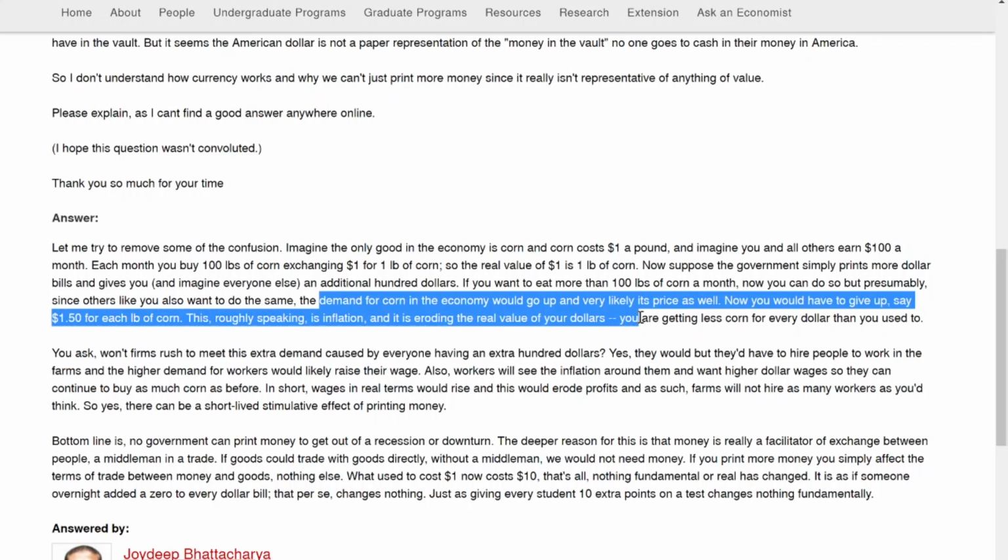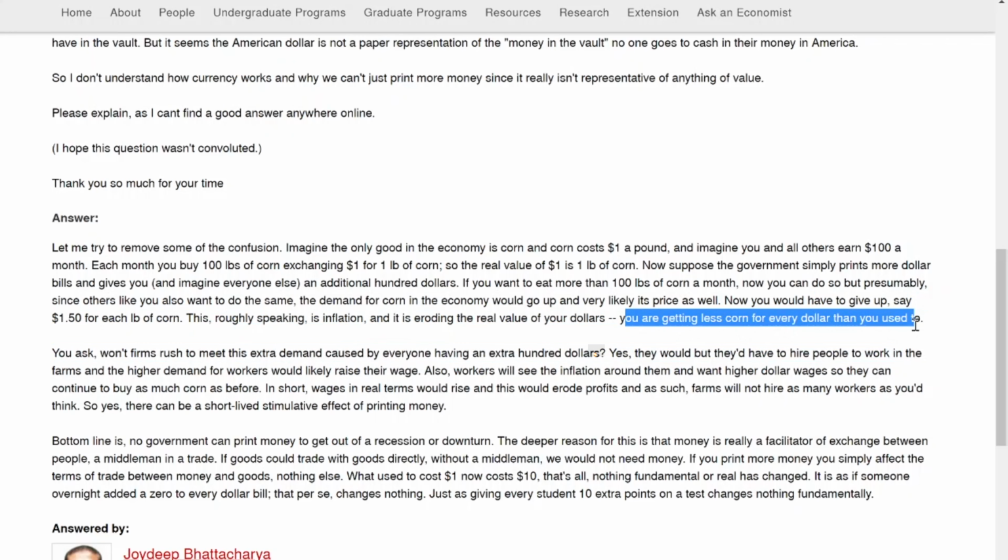And very likely the price will have to go up as well, say $1.50 for each pound of corn. Therefore, roughly an inflation, and it is, as the professor here puts it, eroding the value of your dollar, because now you are getting less corn for every dollar than you used to.